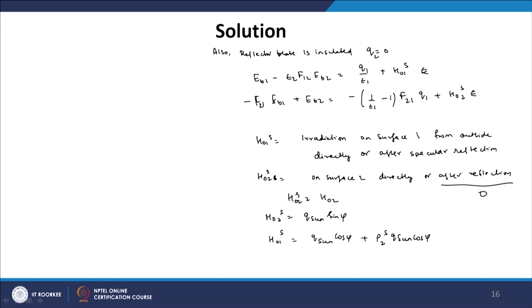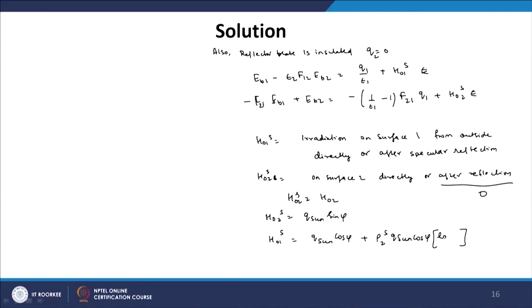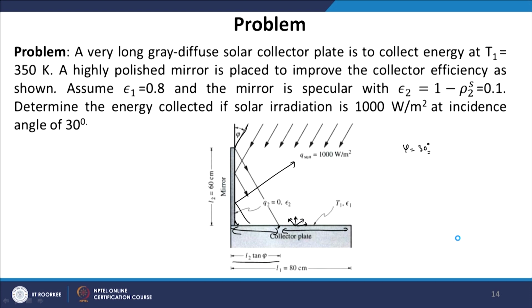This is the reflected part, but we have to take an average because the plate is receiving radiation only at a fraction of its length. So, we have to define an average. So, we define L2 tan psi by L1, where L2 is given as 60 centimeter and L1 is given as 80 centimeter. So, we have to take an average of these values.